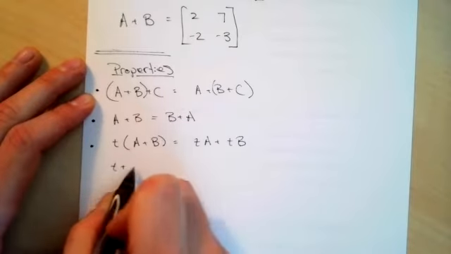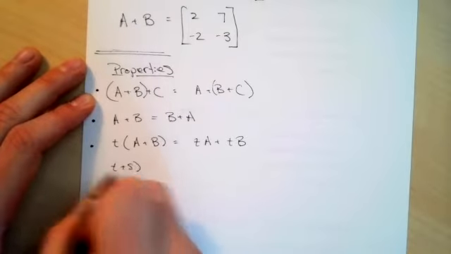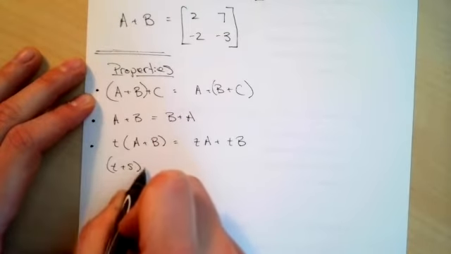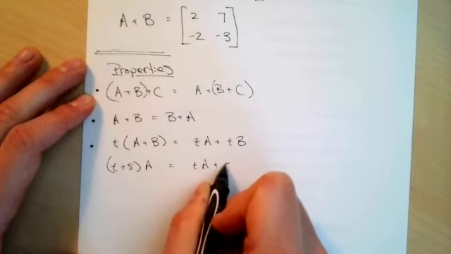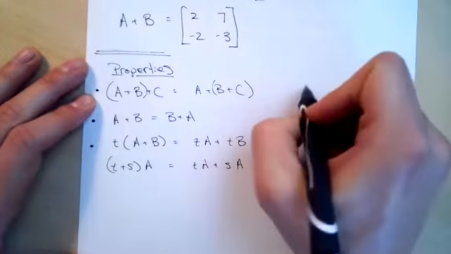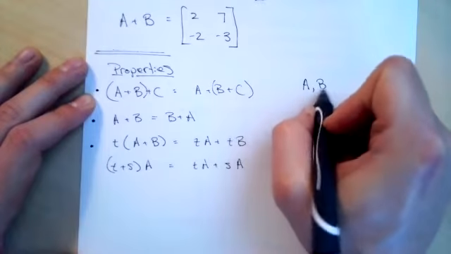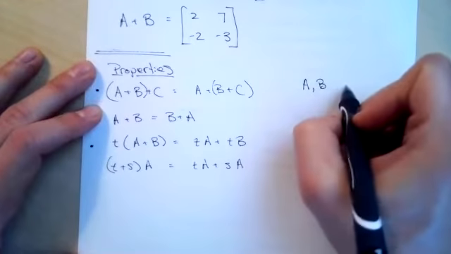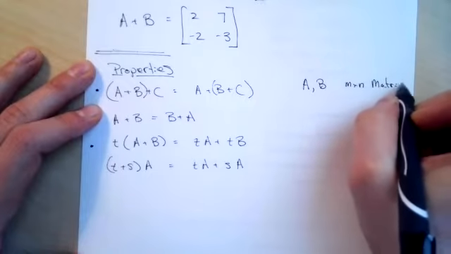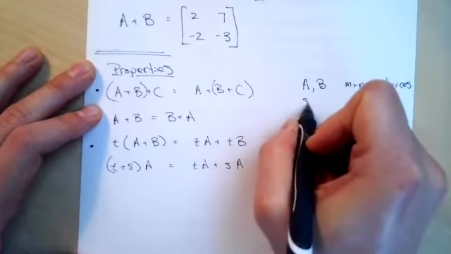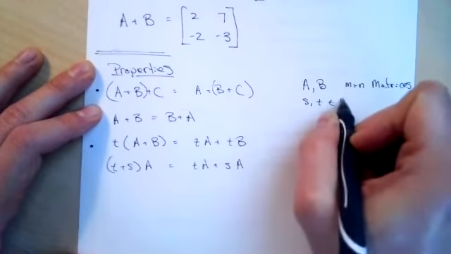Likewise, the distributive law for sums of scalars. So we should say A and B are m by n matrices, and s and t are real numbers.